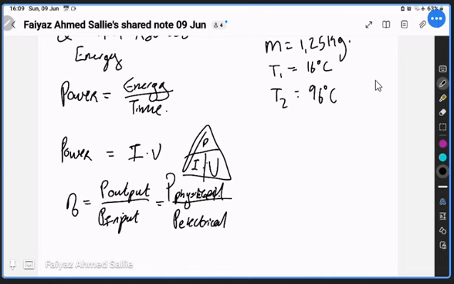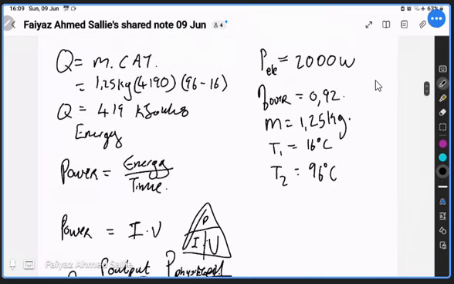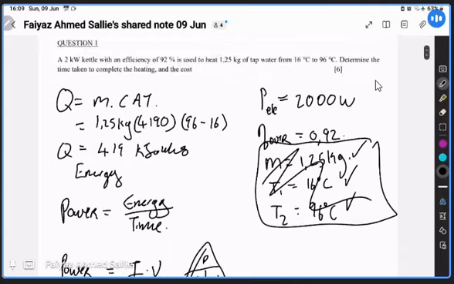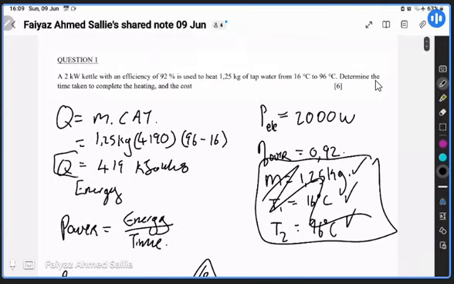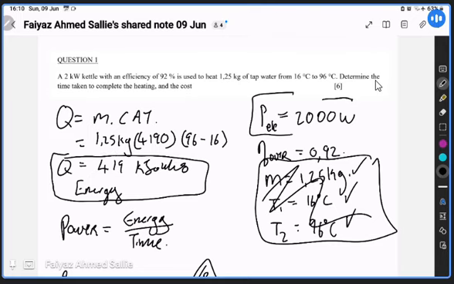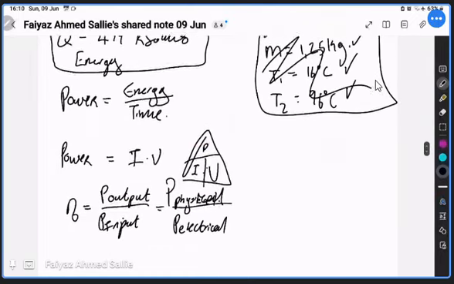So we use this value, use that one, use that one. This here is energy, and this here is electrical power, and don't forget your efficiency over there.